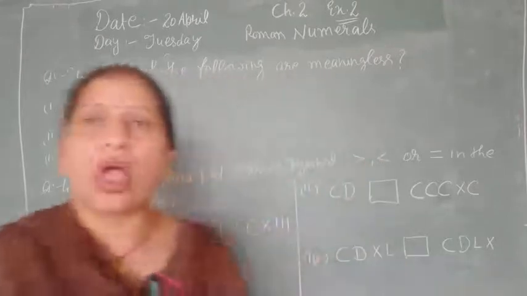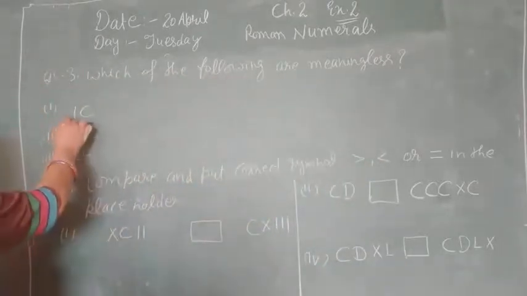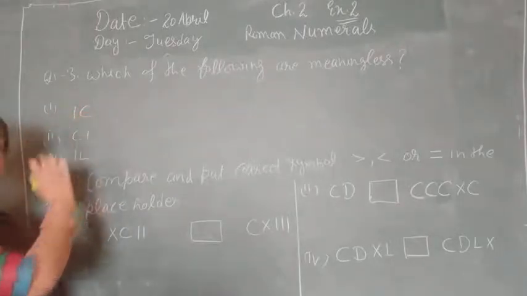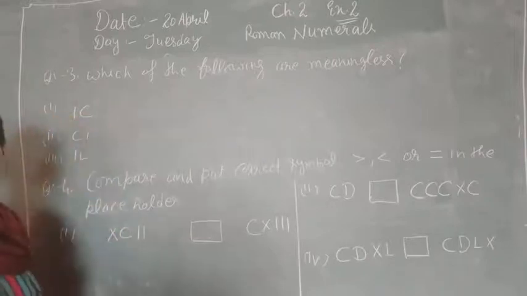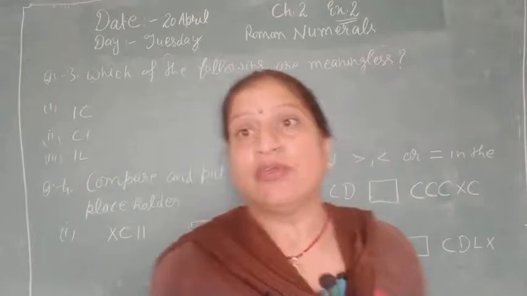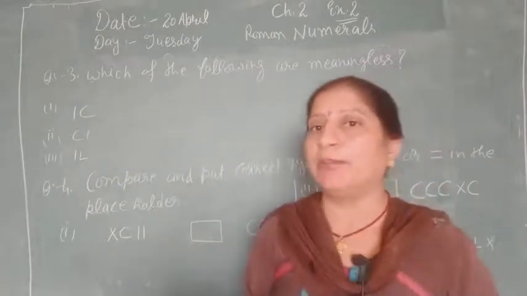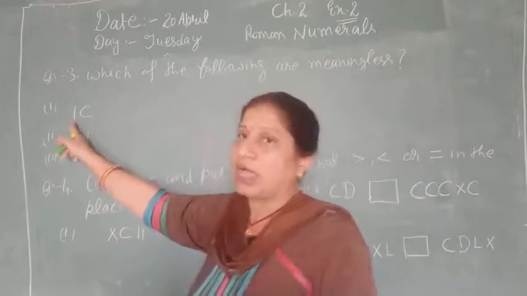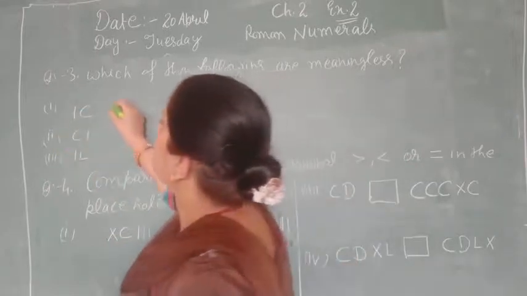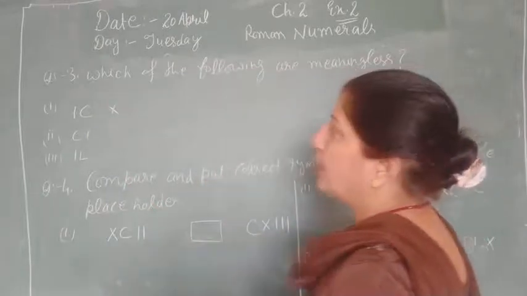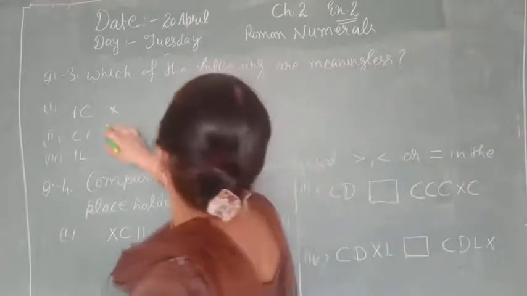Now first we see IC. Here C is used for 100, and I is used for 1. And we know that from C we subtract only the number X. Now this number is I, so this is meaningless. So we put a cross here and write that this is meaningless.